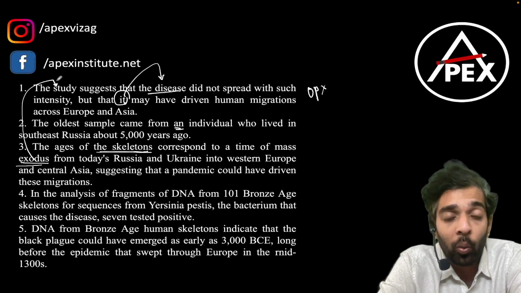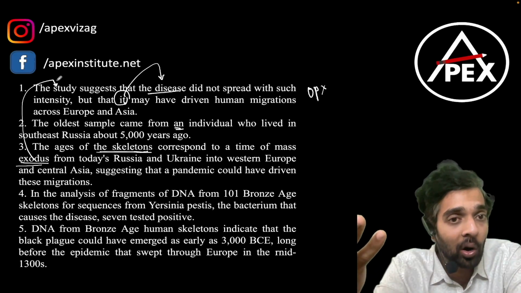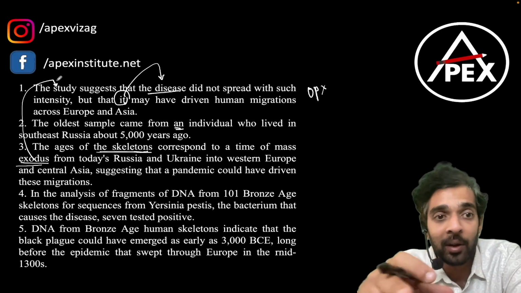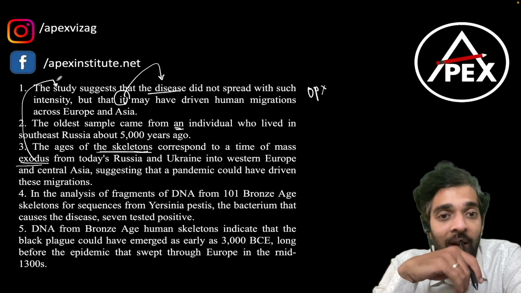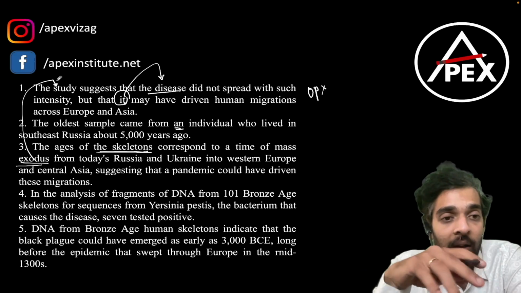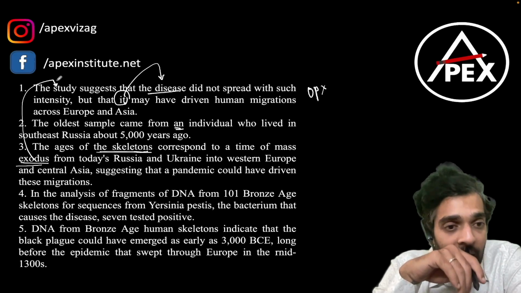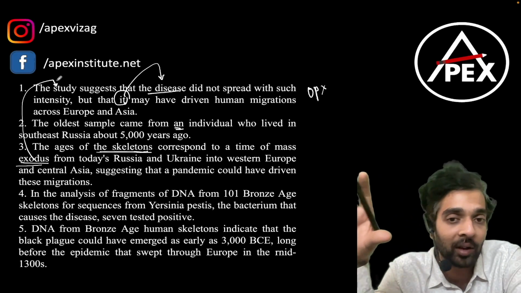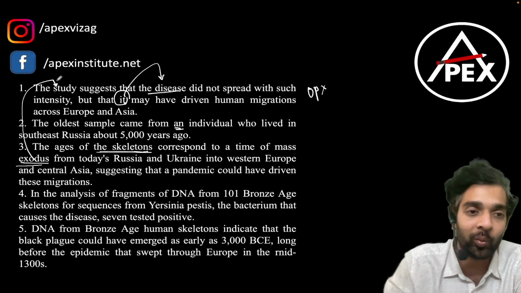So which migrations are these? Some migrations that we have talked about. Those migrations can be because of this particular thing. Next, in the analysis of fragments of DNA from 101 Bronze Age skeletons, now we understand which skeletons.